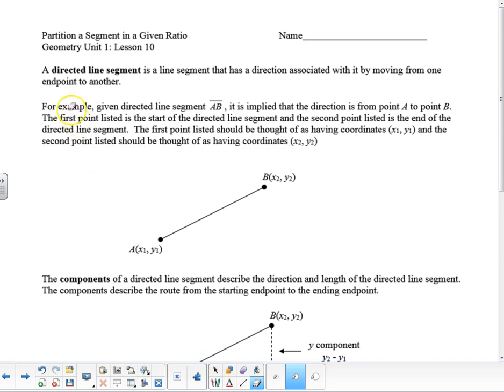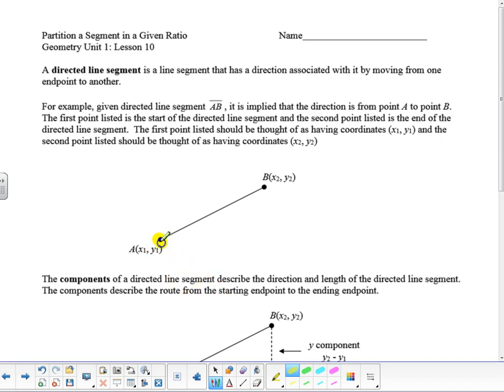So follow along as I read through here. A directed line segment is a line segment that has a direction associated with it by moving from one endpoint to another. For example, given directed line segment AB, it is implied that the direction is from point A to point B. The first point listed is the start of the directed line segment, and the second point listed is the end of that directed line segment.